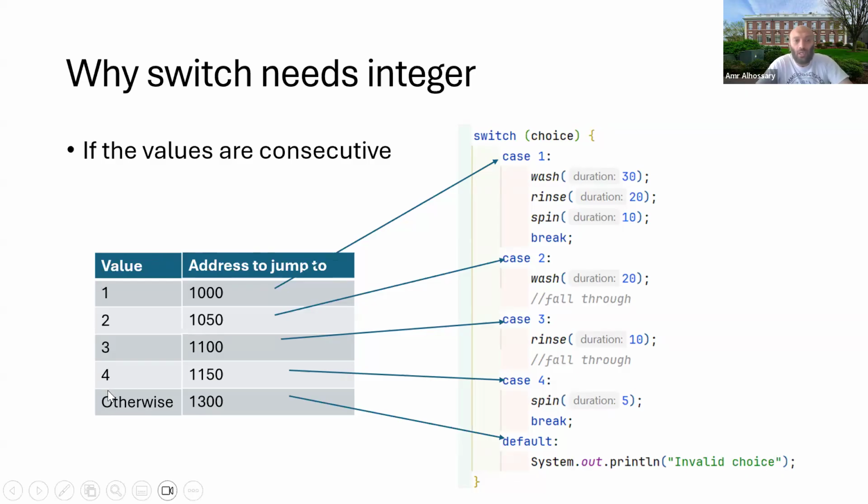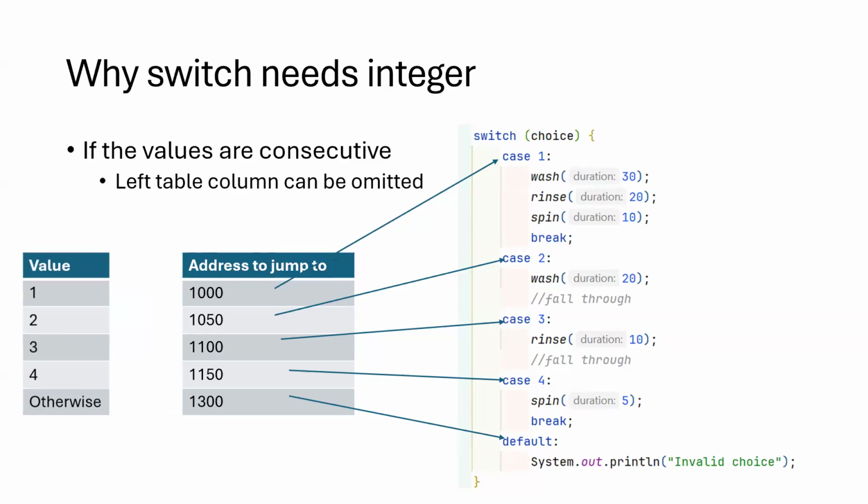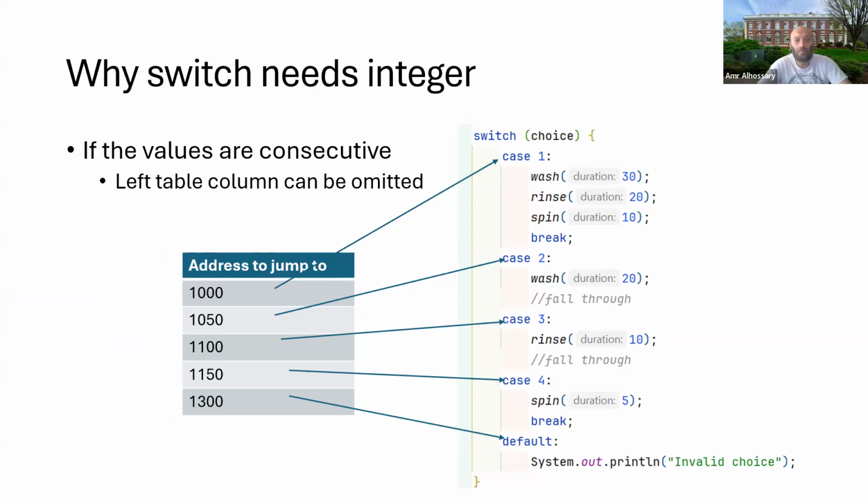If those numbers are consecutive, 1, 2, 3, 4, or 100, 101, 102, 103, whatever, consecutive, the compiler can simply omit the left column and keep only this column, and jump directly to the corresponding line without checking what is the content of this line.